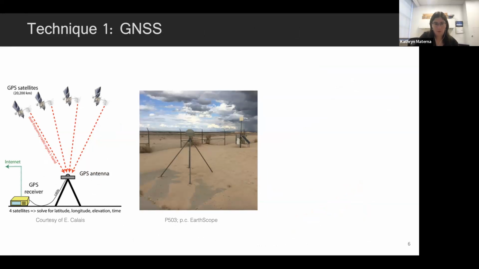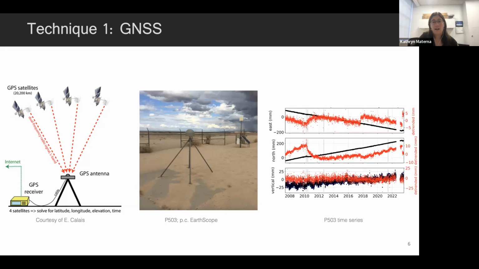A GNSS station like this can produce a time series in east, north, and up. This time series will look something like this, and we'll use that as the data for today's talk.